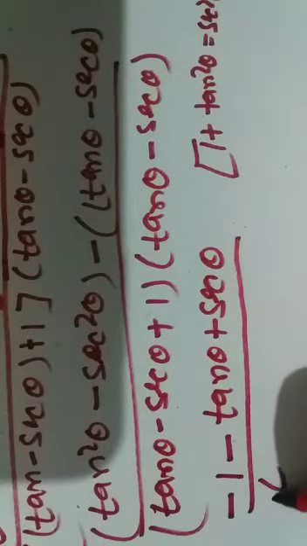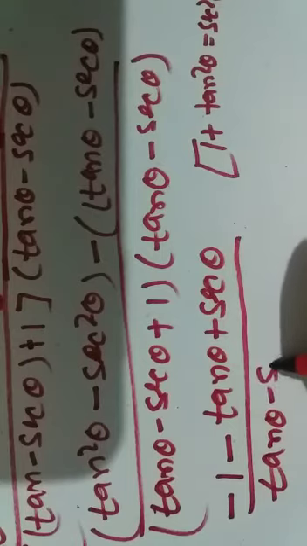Is that okay? Now the denominator part, just leave as it is: tan theta minus sec theta plus 1, and here this part will be as it is, tan theta minus sec theta.